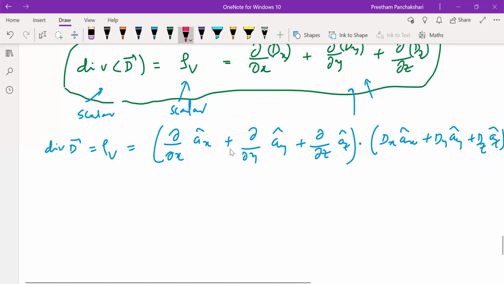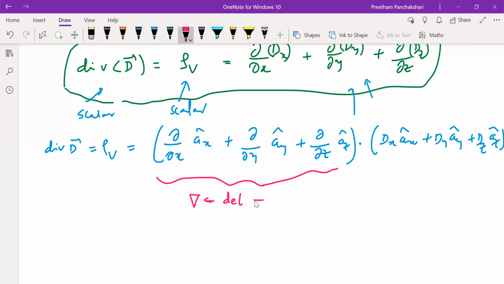Here, the first vector in the last term, if it is denoted as an operator, can be called del, which is basically a mathematical operator. It's just a mathematical operator representing this partial differentiation.